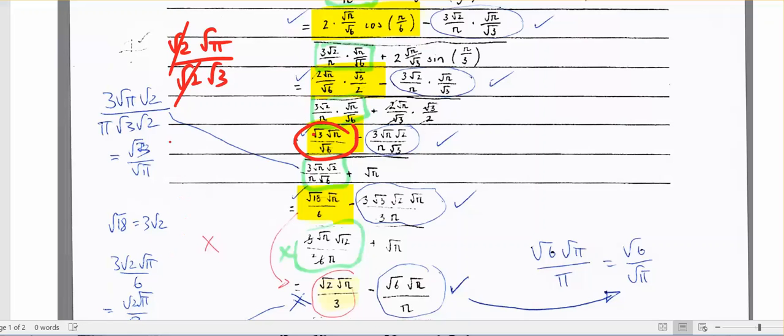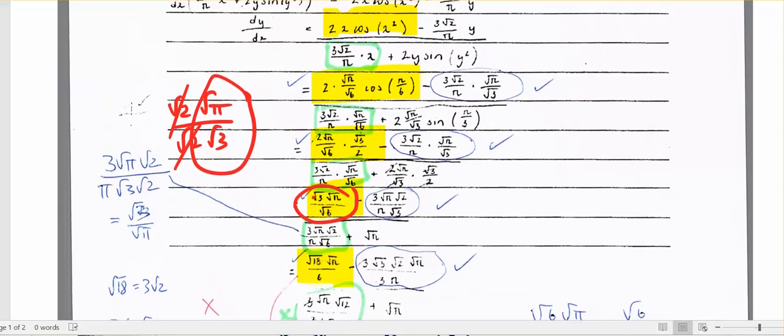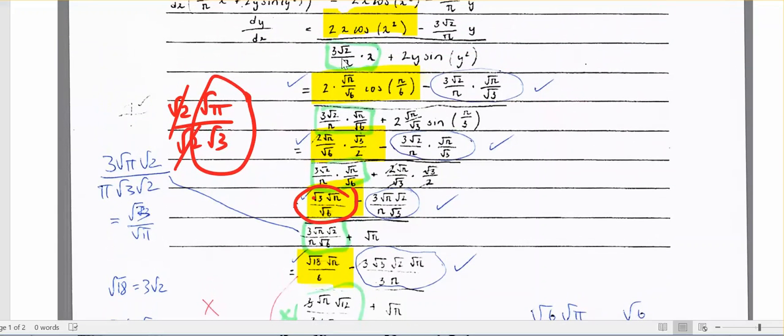But somehow you've mucked that up and you've ended up with this instead of this. And if I look at the green one, so this has become this.